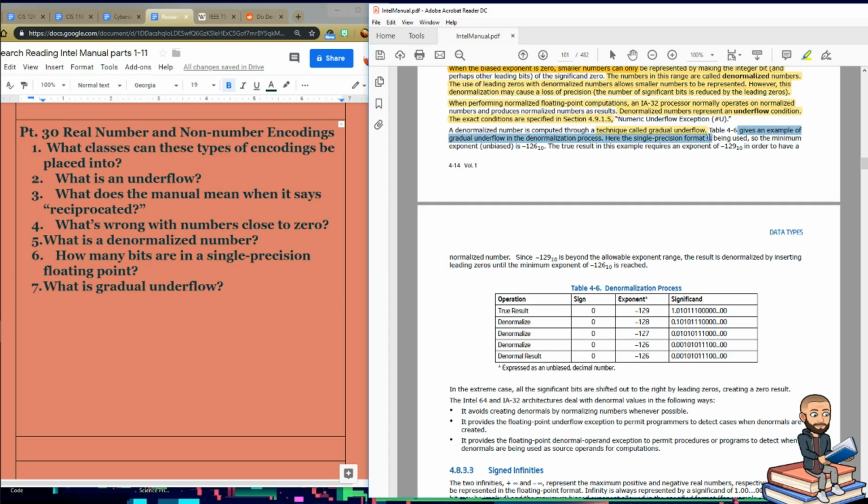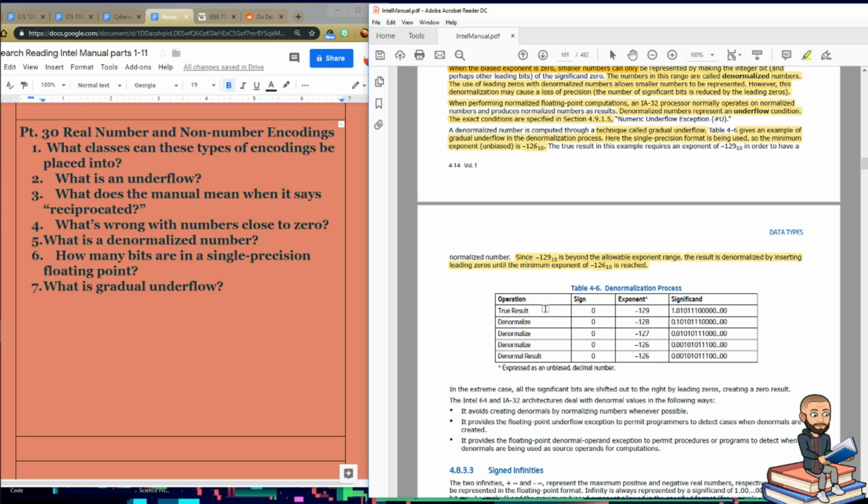Here the single precision format is being used, so the minimum exponent, that is unbiased, is negative 126. The true result in this example requires an exponent of negative 129 in order to have a normalized number. Since negative 129 is beyond the allowable exponent range, the result is denormalized by inserting leading zeros until the minimum exponent of negative 126 is reached.